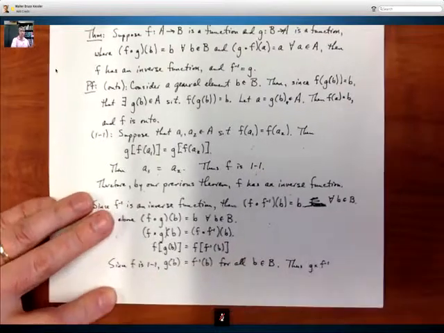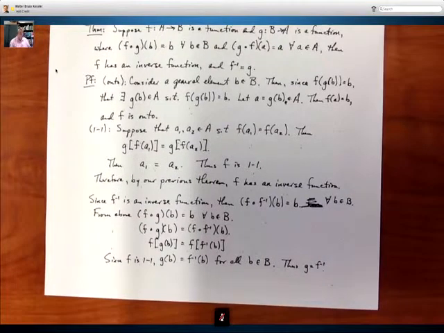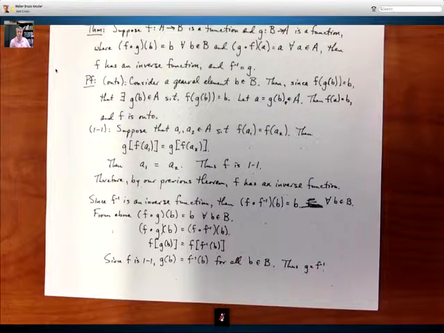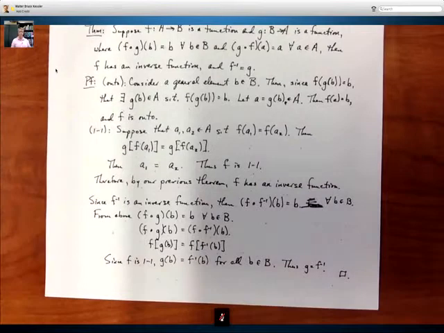Thus, G and F inverse, basically what you're saying is they have the same ordered pairs. Right? You put something into it, you get the same thing out every time for every B. So, there you go.